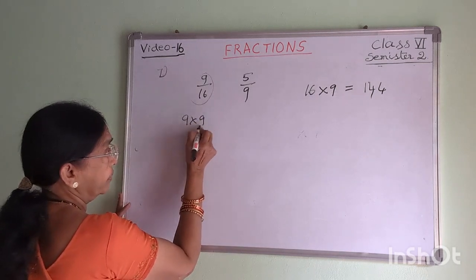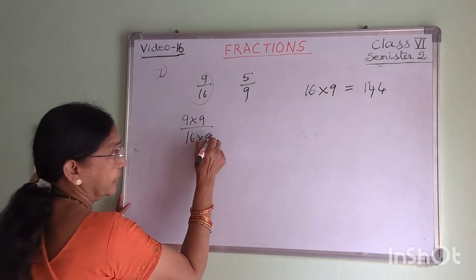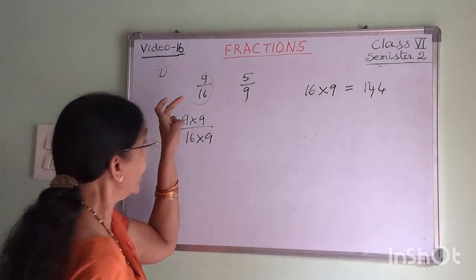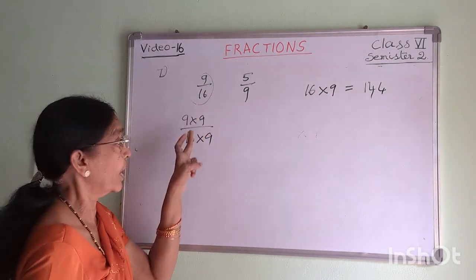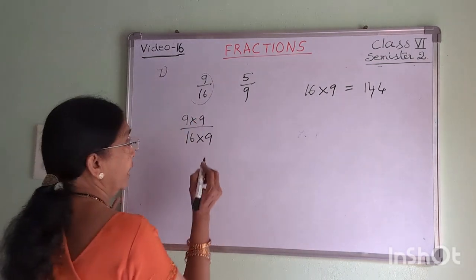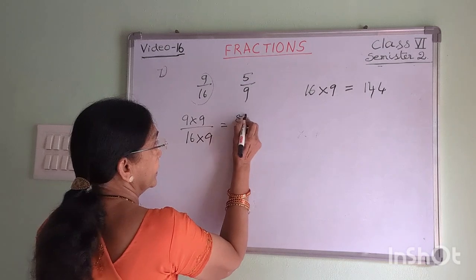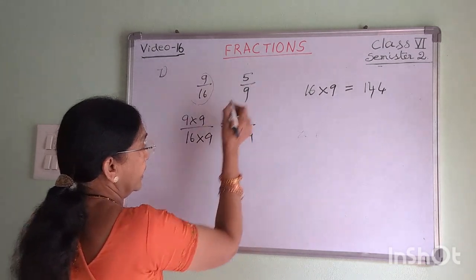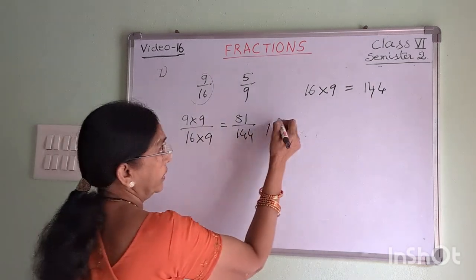9 into 9 by 16 into 9, we get 144, because 16 into 9 is equal to 144. We have to multiply both numerator and denominator by 9. That is equal to 9 9s 81 by 16 9s 144. Next, 5 by 9.